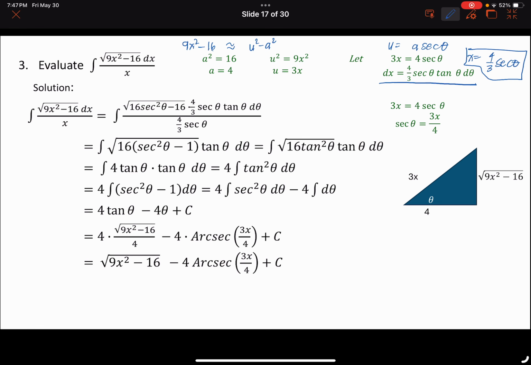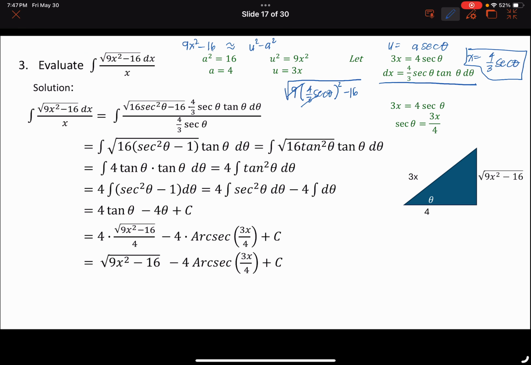So we have the square root of 9 times 4 over 3 secant theta squared minus 16. So 4 squared is 16 over 9. So this would cancel out to this one.